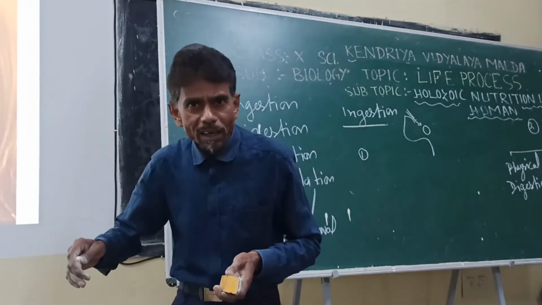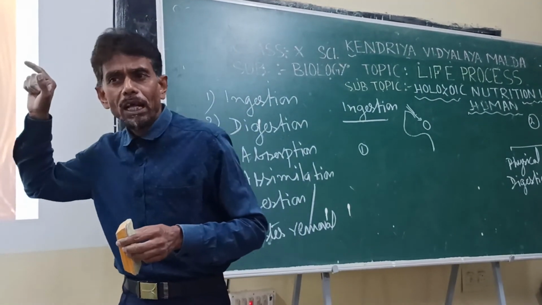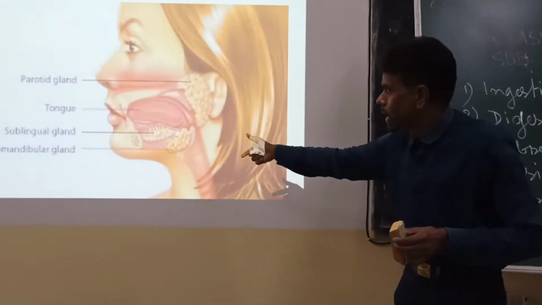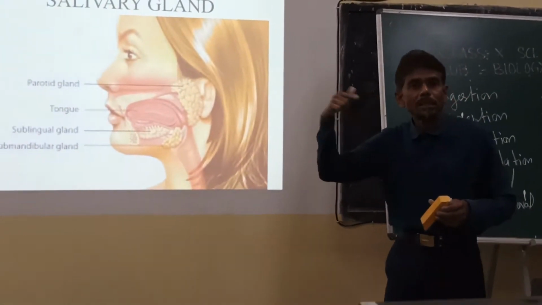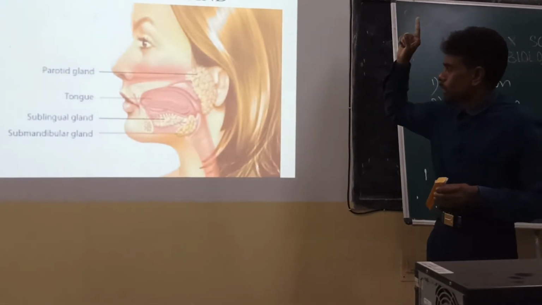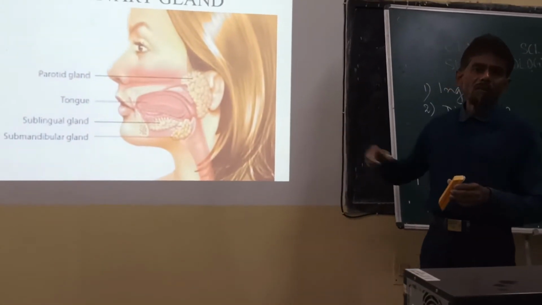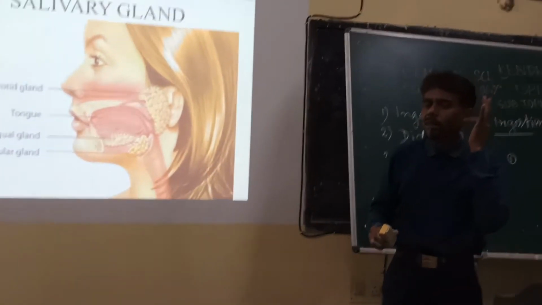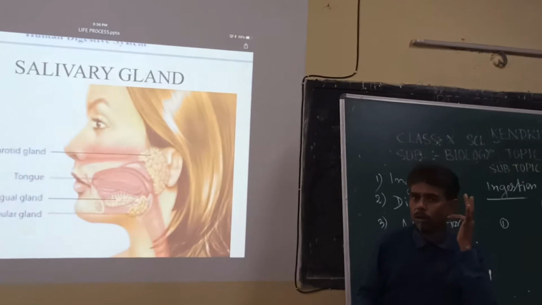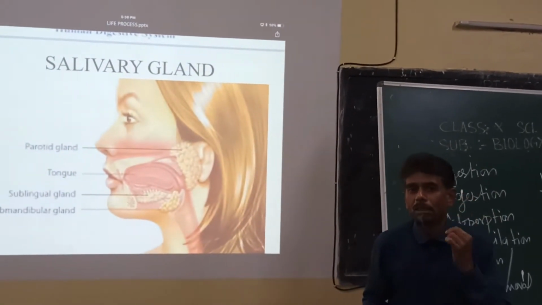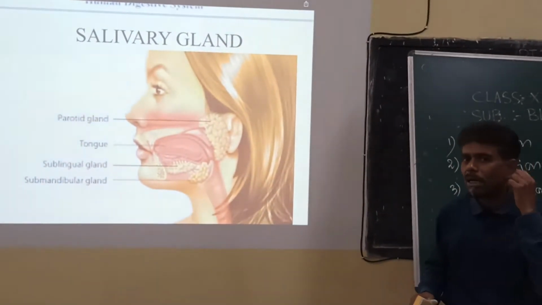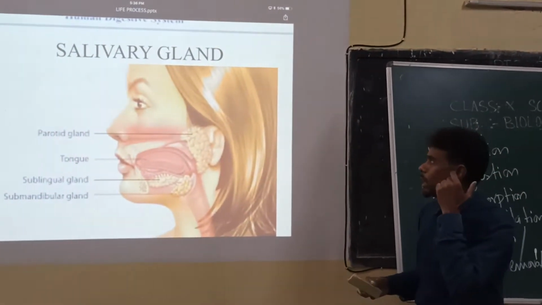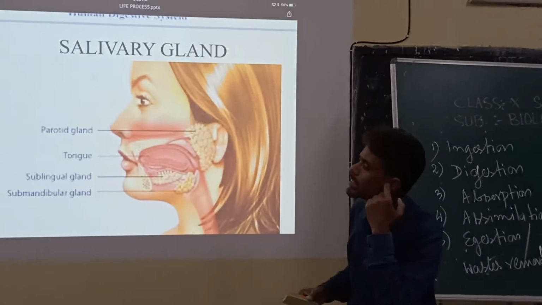They are parotid, submandibular and sublingual. Sublingual is with the tongue, submandibular is at the mandibular part, and parotid is just at the side of your ear. You can see the ear here.